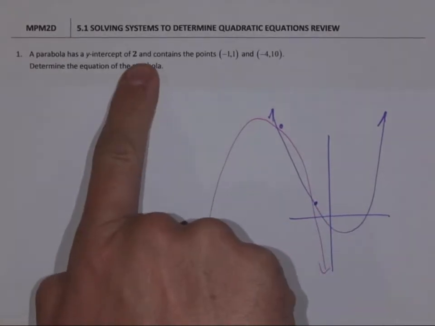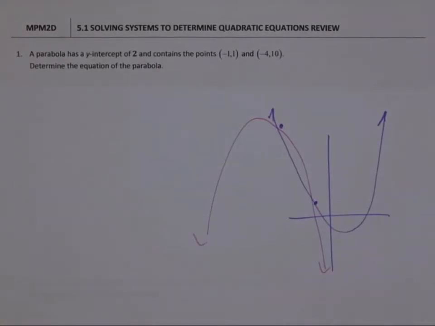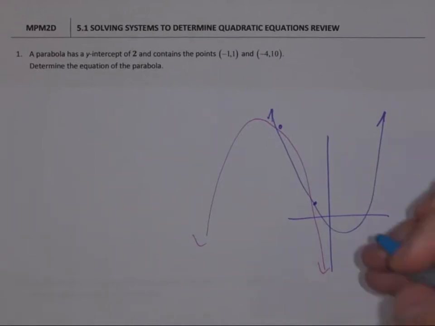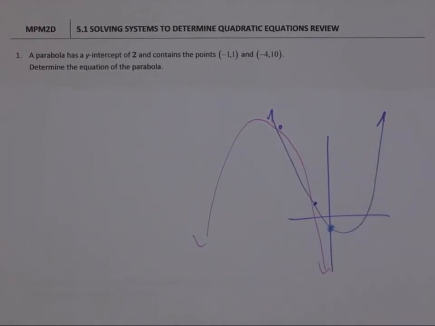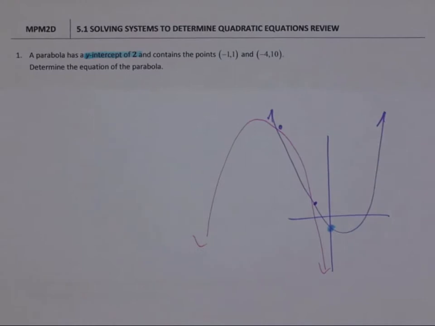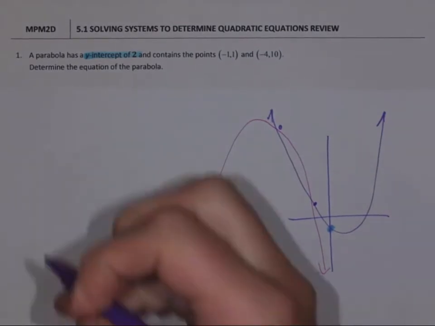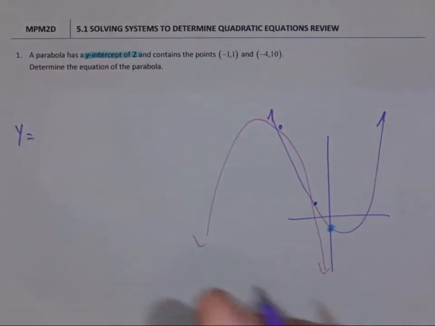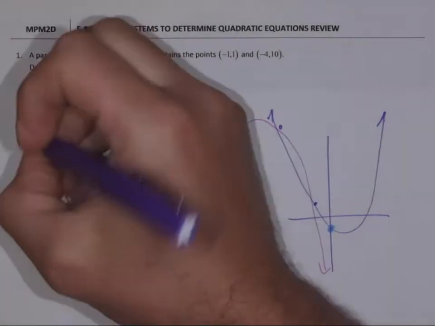Now we do know that it has a y-intercept of 2. So that y-intercept is 2. Now the fact that we know the y-intercept, or it's given to us, is going to tell us how we're going to start to solve this. And we're going to look at the 3 forms of a quadratic equation.